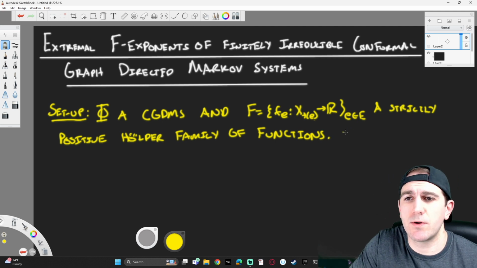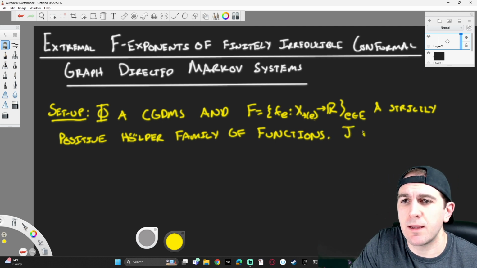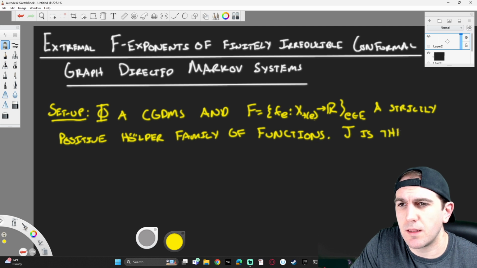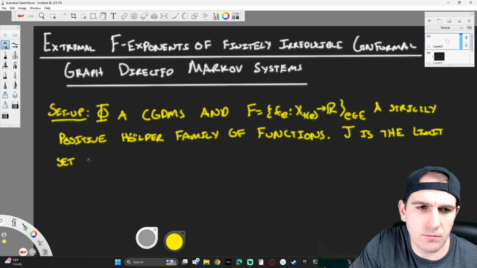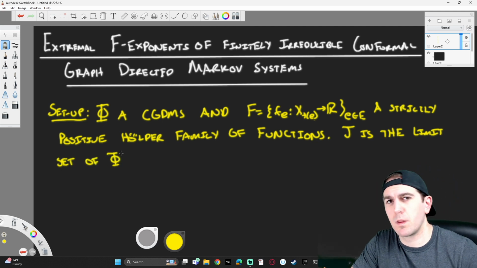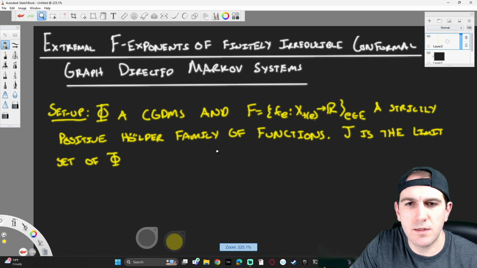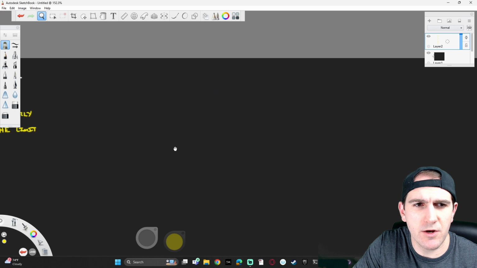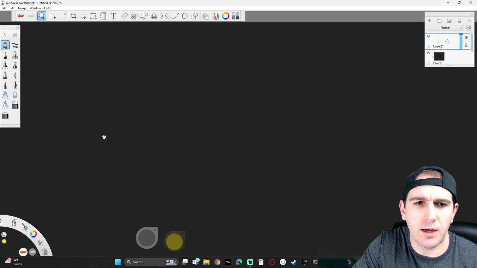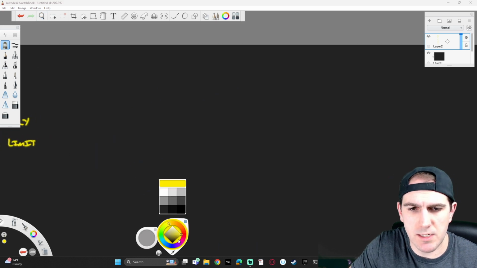And then lastly, we're going to say that J is the limit set of the conformal graph-directed Markov system. There's a little aside that I want to do, because I'll come back to this sort of diagram a few times during the talk.